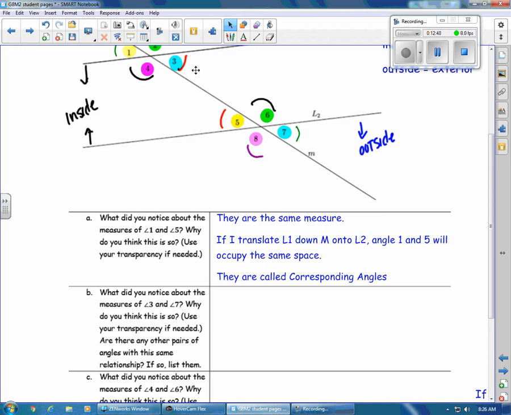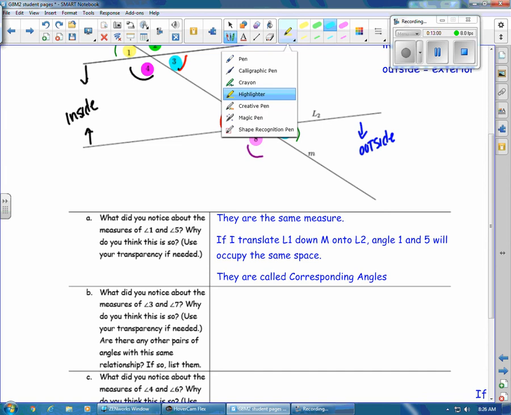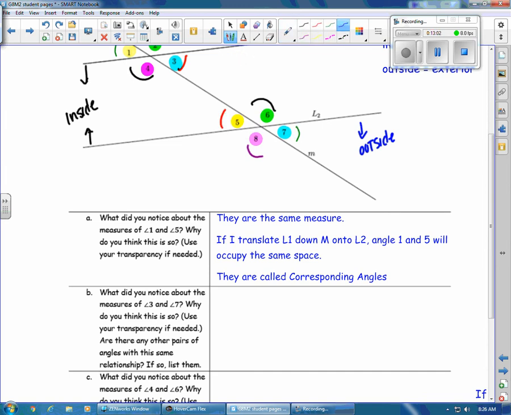3 and 7, same thing. Those are corresponding angles. What other sets of corresponding angles do we see? So angle 3 and angle 7 are corresponding.